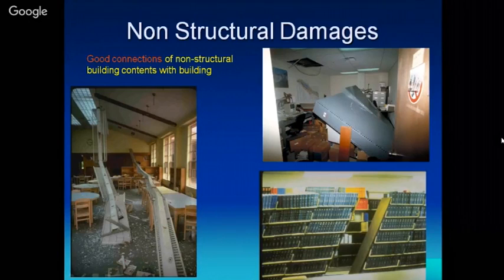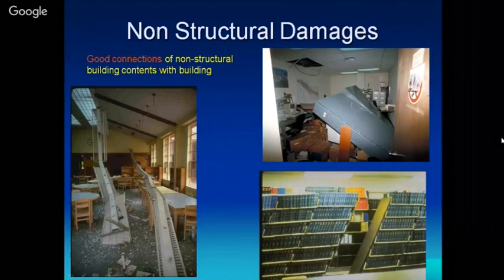Non-structural damage is equally important. We can't ignore it, because sometimes non-structural damage becomes very heavy, leading to calamity and even loss of life. If you consider nuclear reactors, whatever components and machines are attached to the walls of the nuclear reactors, although they are non-structural, they are taken care of with equal importance to the structural elements of that particular structure.